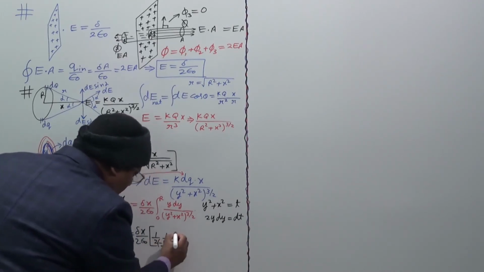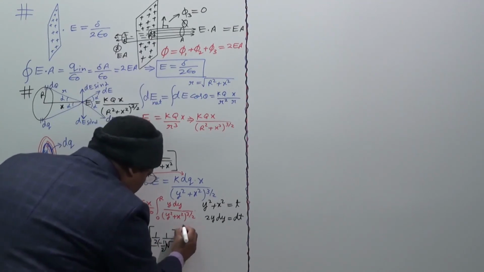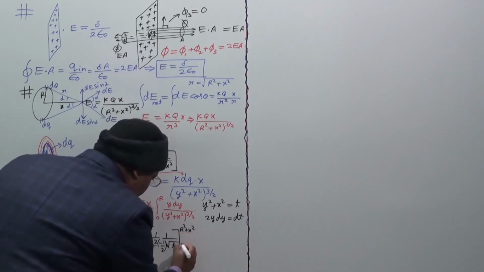So 2 will cancel out. Upper limit r square plus x square, lower limit x square.